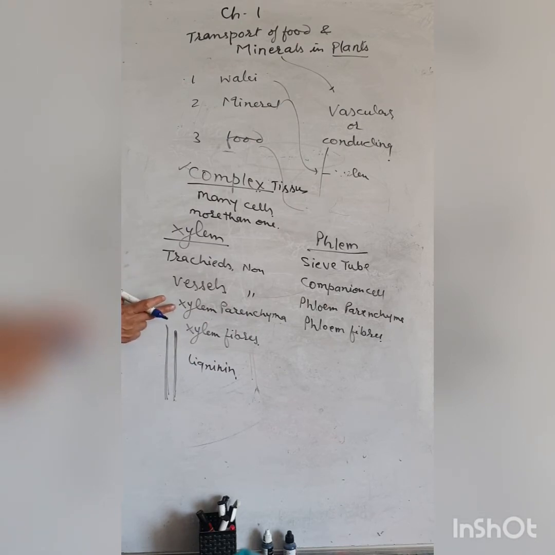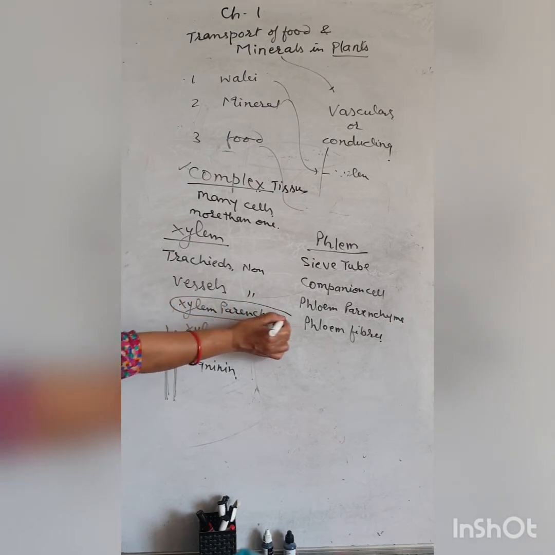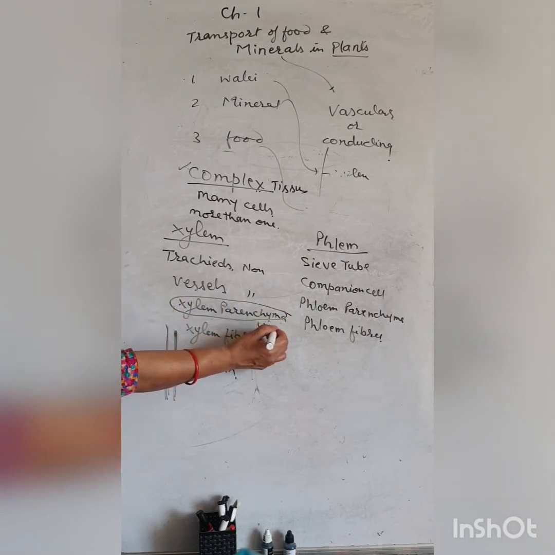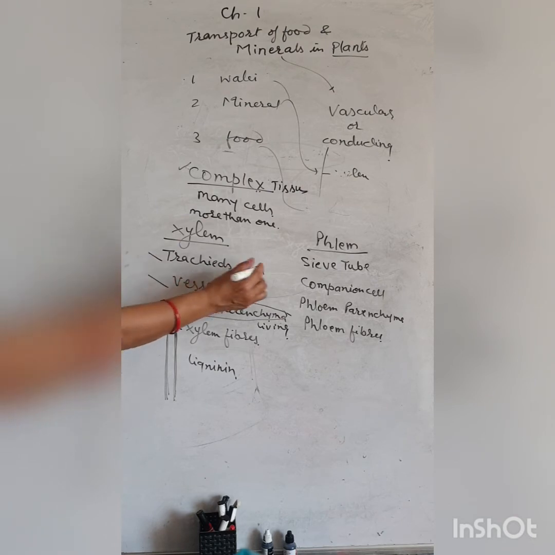The xylem parenchyma are the only cells of the xylem that are living in nature. It means tracheids, vessels, and xylem fibers, all three, are non-living tissue.